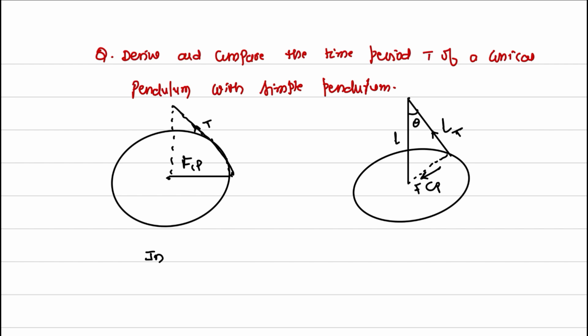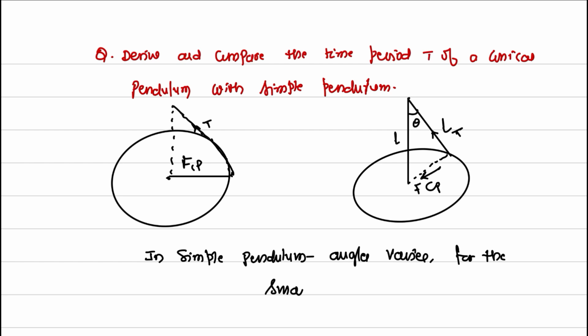Now, in a simple pendulum what happens? The angle varies, and for small angles, remember this, the angle should not be more than 15 degrees. For a higher value, sin theta changes.